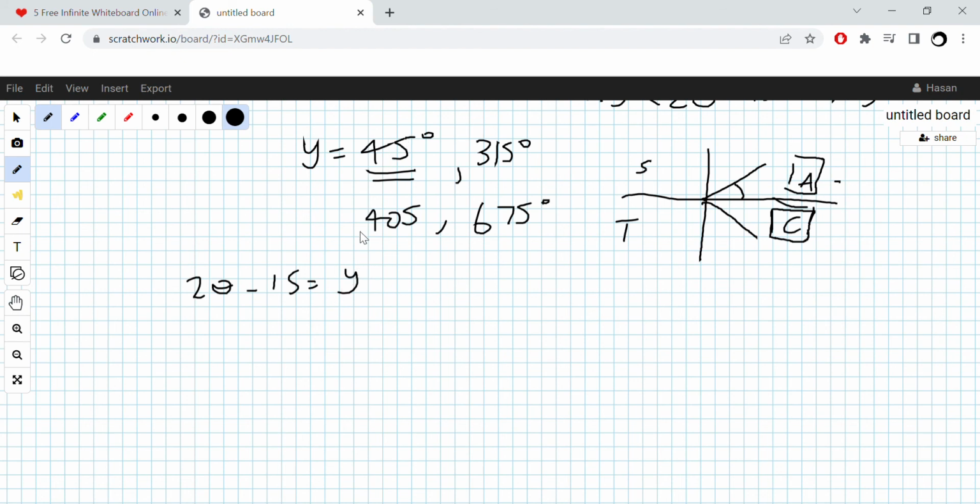When you do that, you get 30 degrees: 45 plus 15 divided by 2 is 30. 315 plus 15 divided by 2 is 165 degrees. 405 plus 15 divided by 2 gives you 210. 675 plus 15 divided by 2 gives you 345.